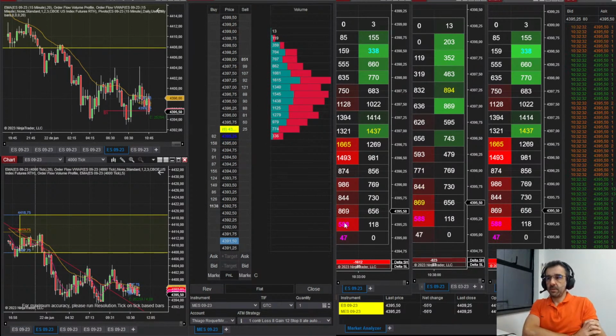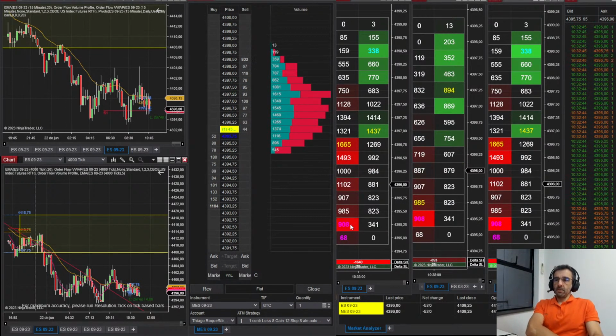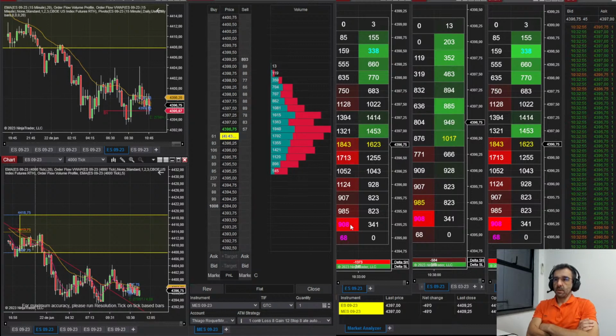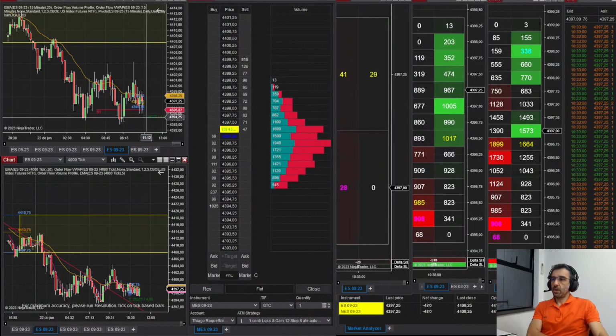We are seeing sellers putting pressure, but strong absorption. Let's see who will win this battle here. Sellers are putting pressure, but buyers, look here, a huge absorption in the low. So even though sellers are putting pressure, buyers seem to be striving to hold here, right at the support one.